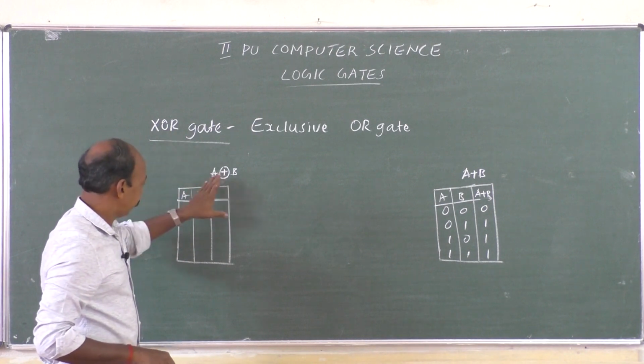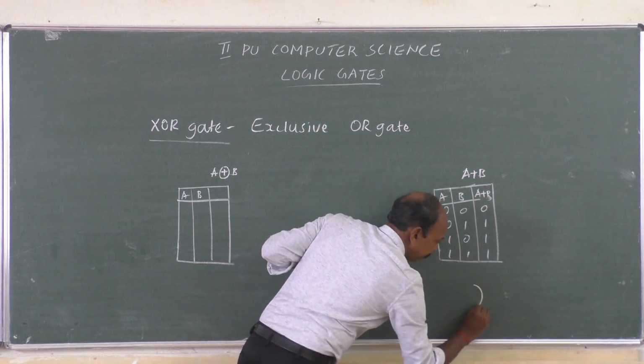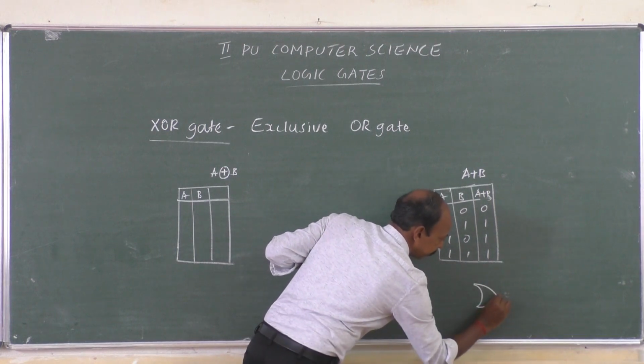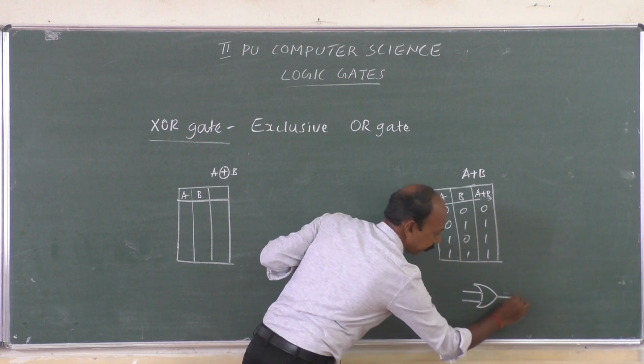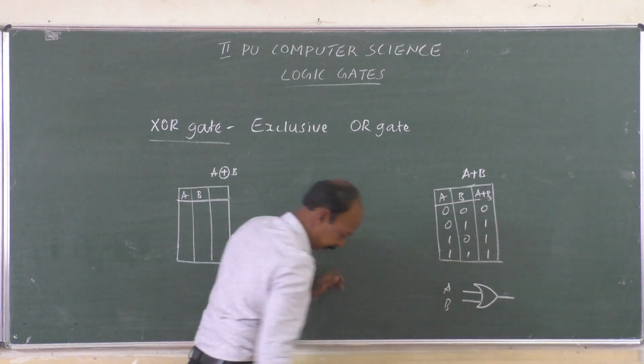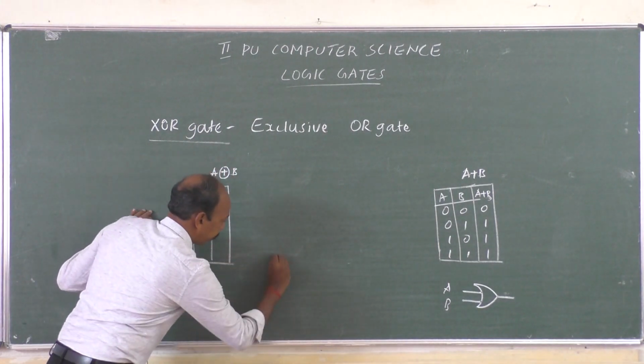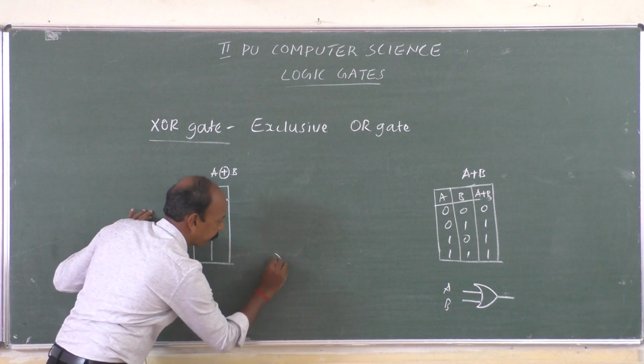Not only that, we shall complete this. In case of the OR gate, we have seen the symbol, it is something like this. It is A, it's B. Here, in this case, again we will write the same.